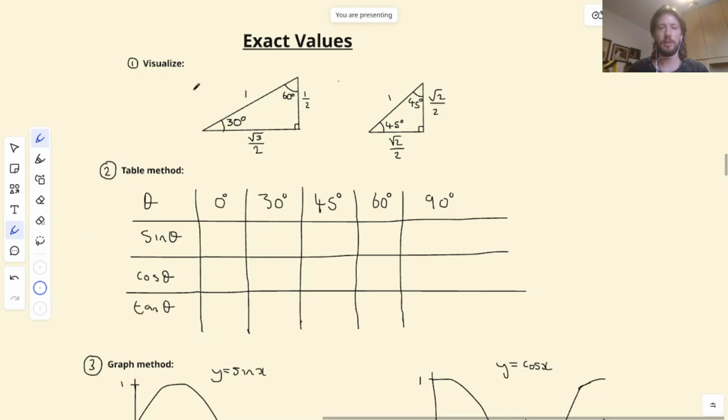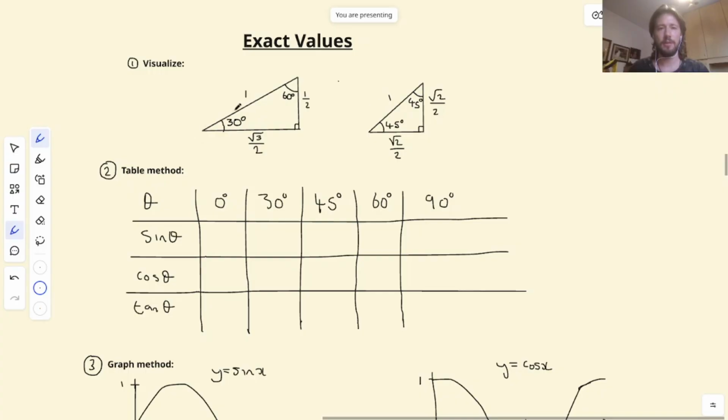We can visualize the common angles that we might see. First of all, 45 degrees, as we might expect, is quite a common angle. And you can see that with Pythagoras, these two sides will give us a side length there on the hypotenuse of 1.